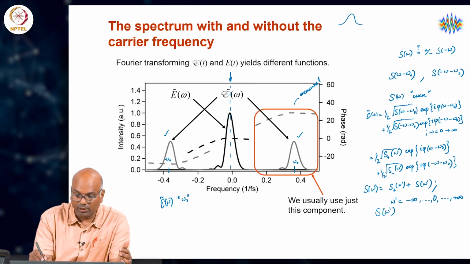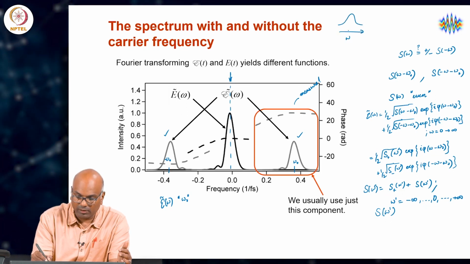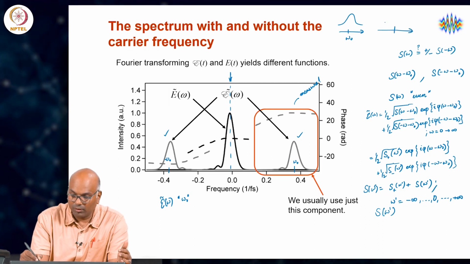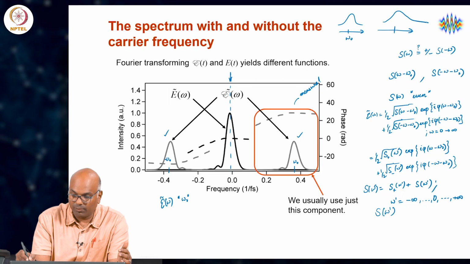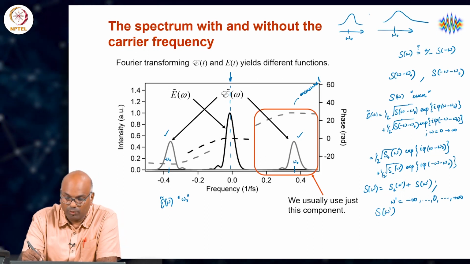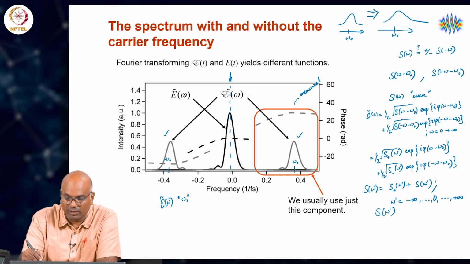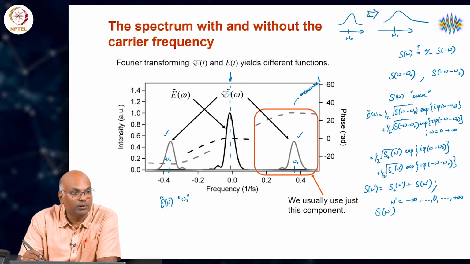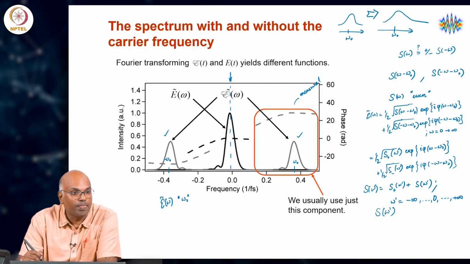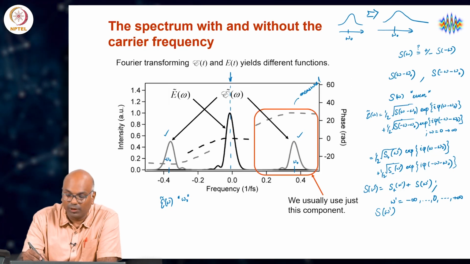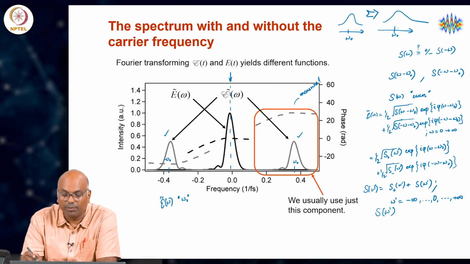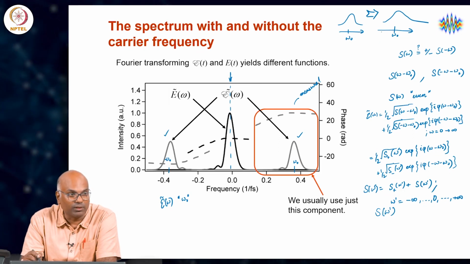You go from a pulse with a spectrum like that to a pulse with a spectrum like that. This can happen fairly easily: you put it through a nonlinear optical medium, and you would typically generate some new frequencies.